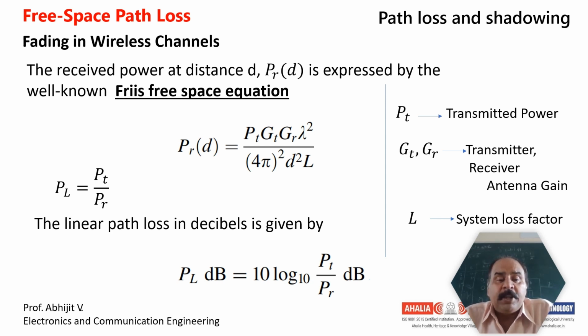The received power at a distance d, PR, is expressed by a very famous equation called the Friis free space equation.